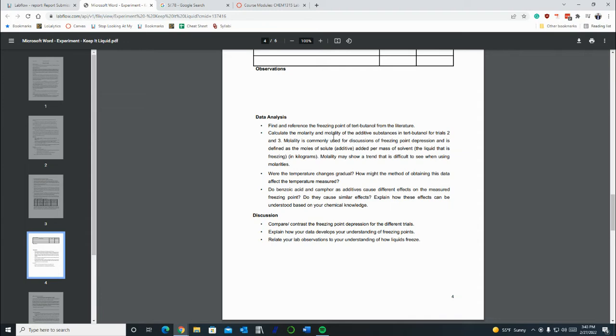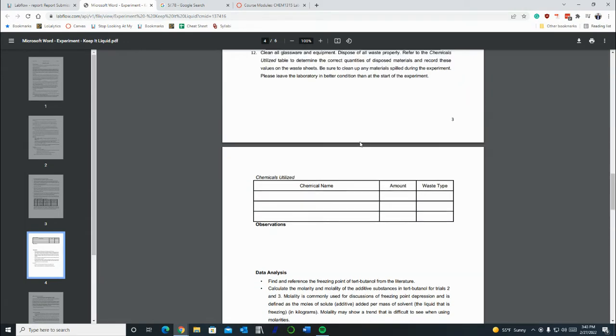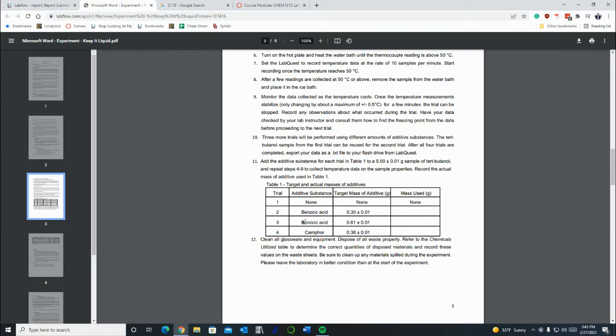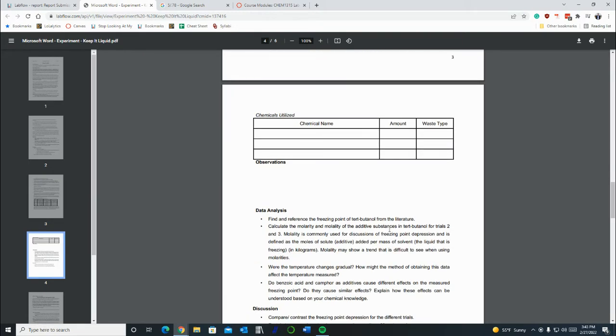Number 2, it's to calculate the molarity and the molality in both trials 2 and 3. So this one and this one. So remember, molarity is moles divided by the liters of solvent. Molality is moles divided by kilograms of solvent. So these are going to be different numbers.